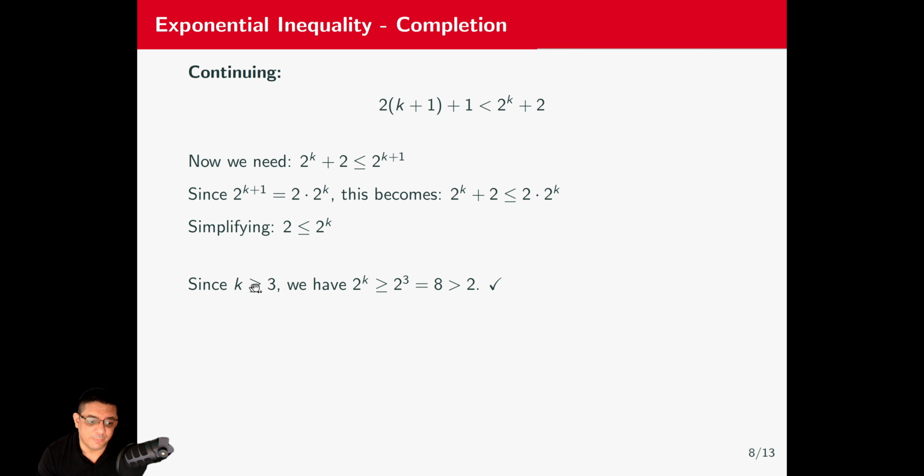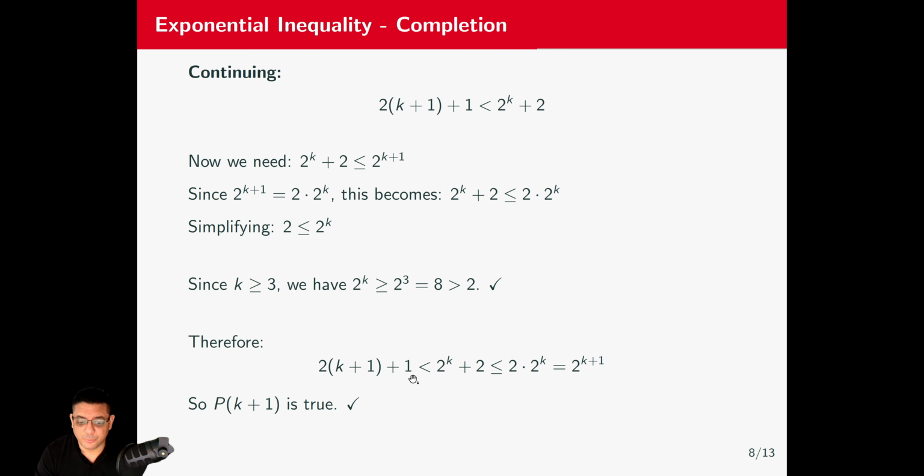But I just proved that because k is bigger than 3, we have that 2 to the k is bigger than 2 to the 3, which is 8, that's bigger than 2. Hence, we have that 2k plus 3 is less than 2 to the k plus 2, which is less than twice 2 to the k, which is 2 to the k plus 1. So P of k plus 1 will be true here.